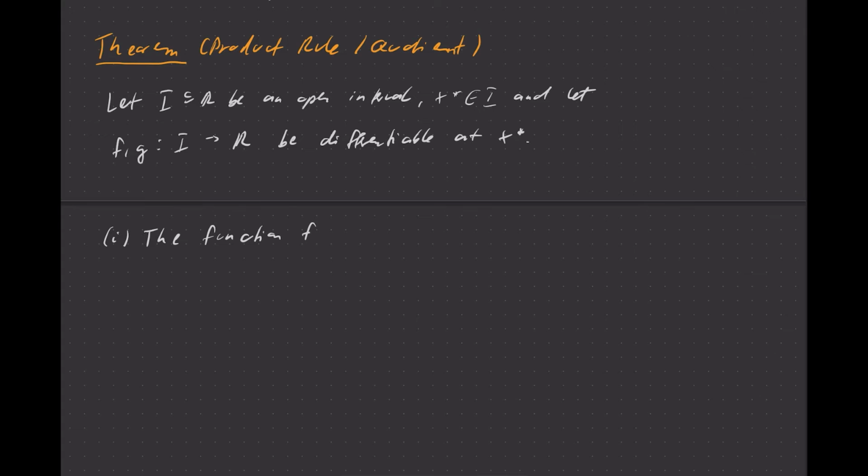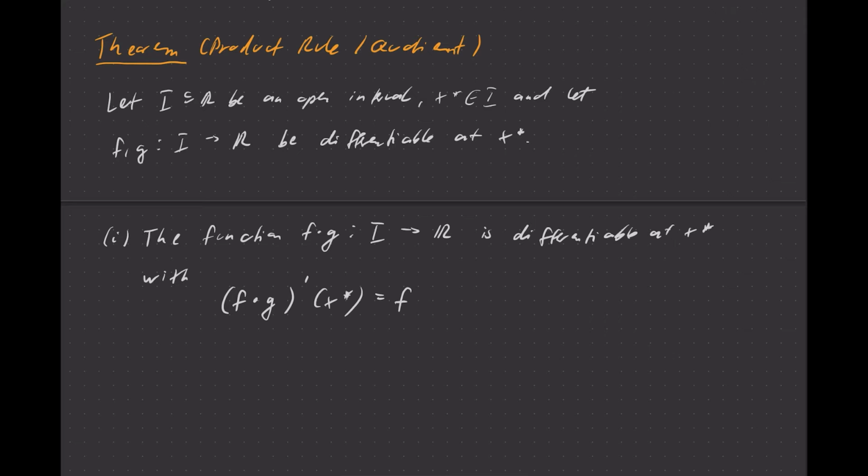The function f times g, again a function defined on I, of course, is differentiable at x star with, and here's the product rule, f times g prime at x star. So the derivative of this product is equal to the following expression.